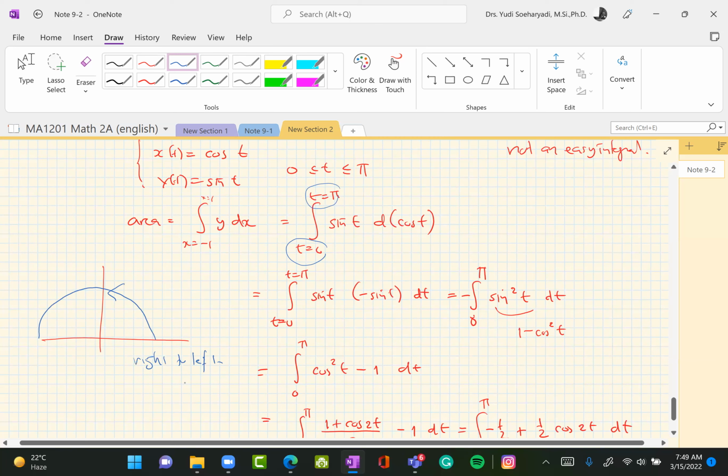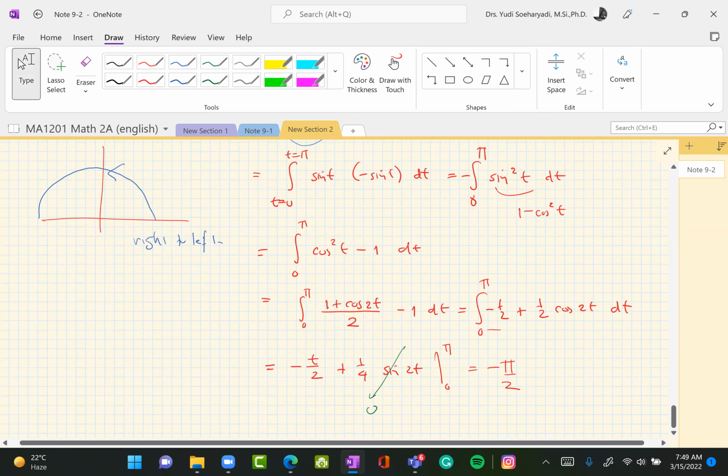So that's negative. If we're going this way, then you have a positive one. So going this way, the integral should be from pi to... then you get this is positive pi over 2.